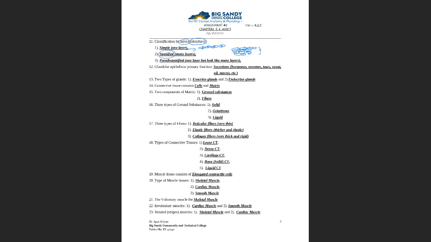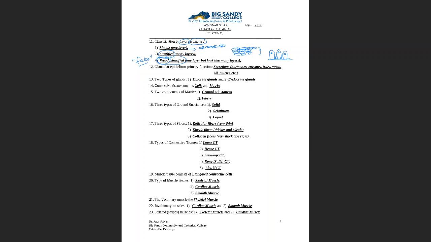If it is actually one layer, but it looks like two layers because the cells are different sizes, if you see it from the front, it looks like two layers, but it's actually one layer. It is called pseudostratified. Pseudo means fake, so this is fake stratification.